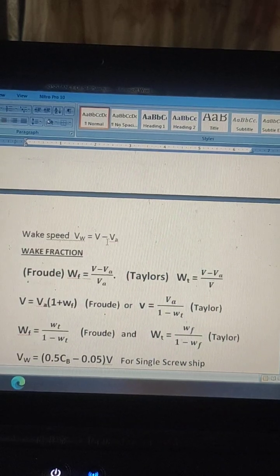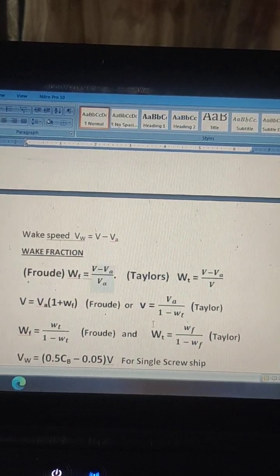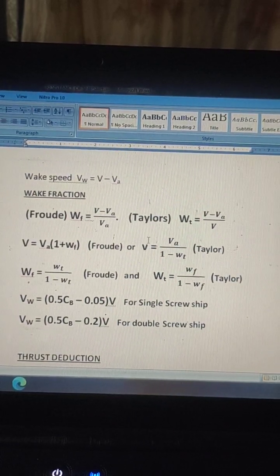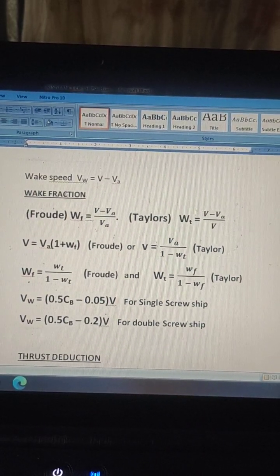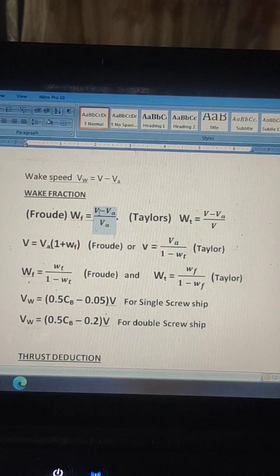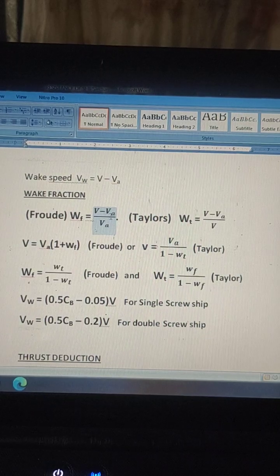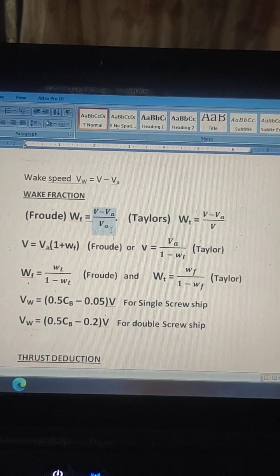and this is what we call the wake speed. Okay, from there, Froude now coined what we call wake fraction. Wake fraction, you can see it, is the speed of the ship minus speed of advance divided by speed of advance.